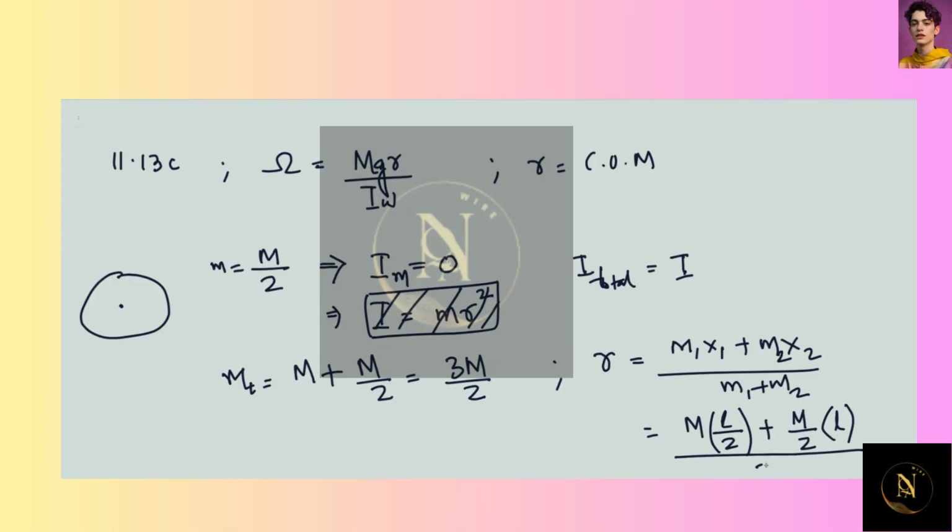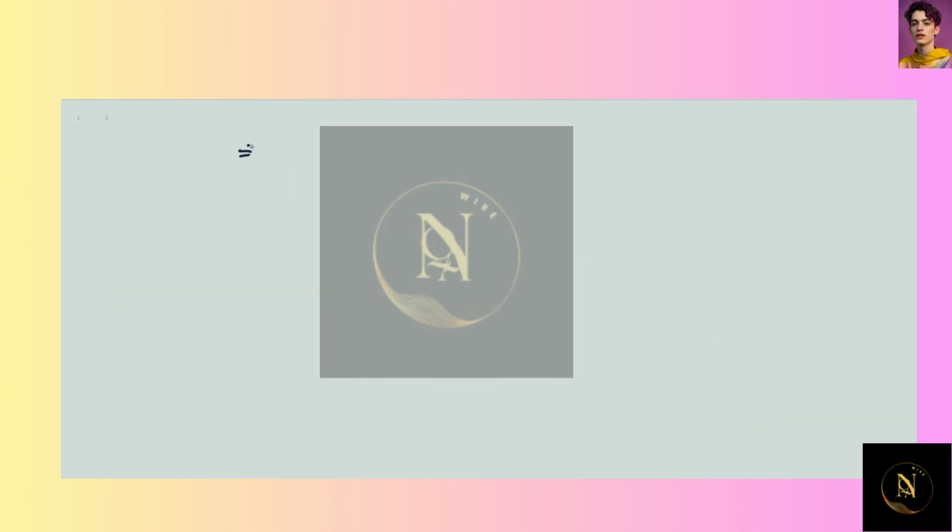And the total mass is 3m over 2, m1 plus m2, as we found here. So this gives the center of mass to be equal to 2 over 3 times L.